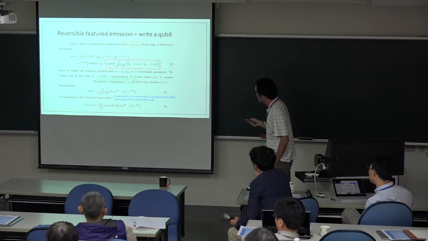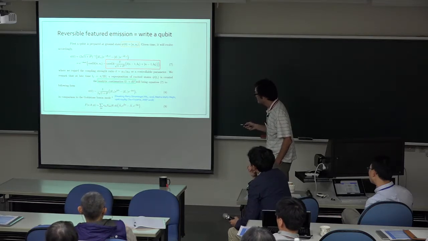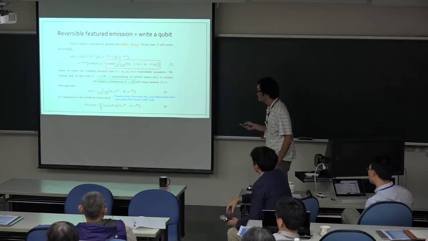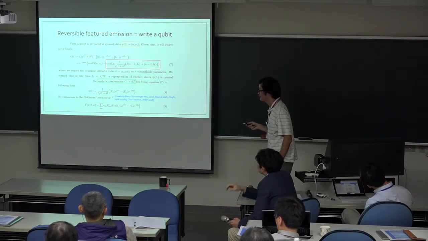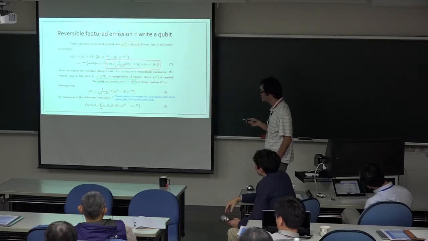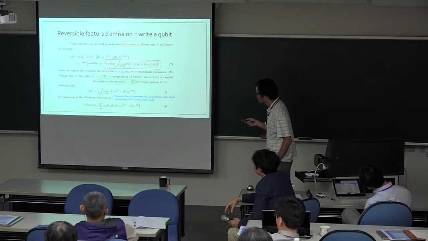I refer to this paper. One of the authors, Abu, was our postdoc here a long time ago. Now he's a faculty in India. So they have a paper where they try to derive the equation of motion for this transformation f. F is a functional, a transformation of this BMS symmetry.